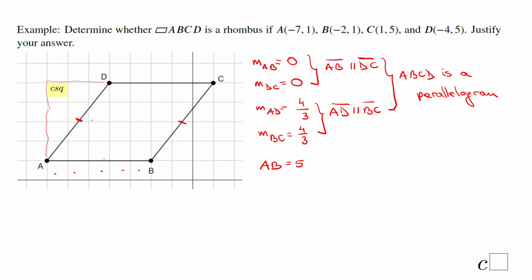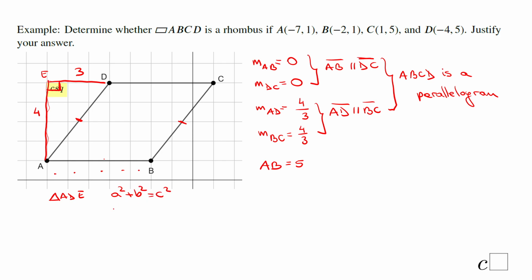So for finding AD, again, I'm going to use this triangle, which I used for finding the slope. This is 3, this is 4. So in that triangle, AD and let's say E, this is a right angle, so we can use the Pythagorean theorem: a squared plus b squared equals c squared.